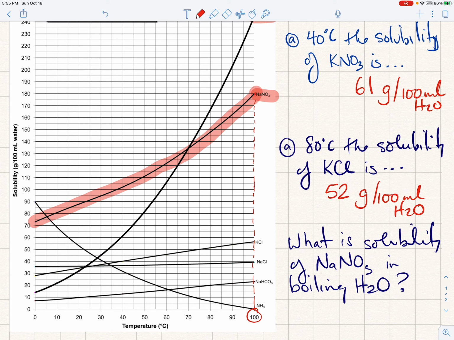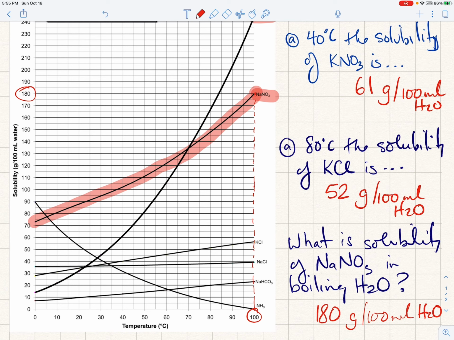So that one pretty much hits exactly 180. You might argue it's slightly higher, 181, but it's one of those two. So I'm going to say it's 180 grams per 100 mils of water. All right, so that's just reading the solubility chart.